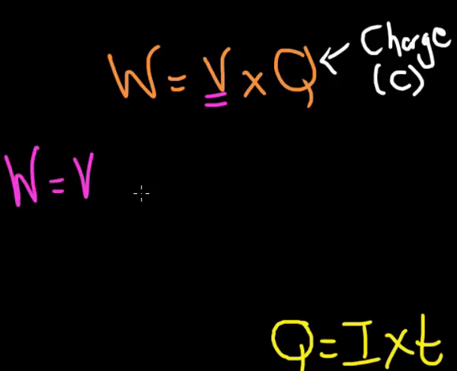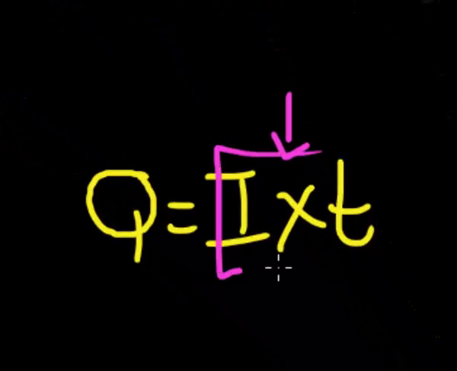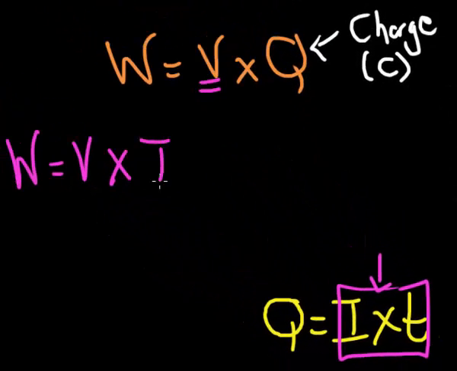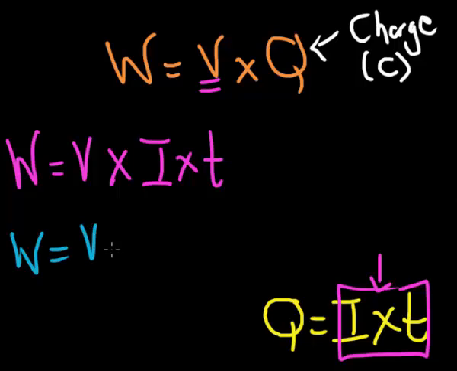That means we'll still have our potential difference, but we might not have our charge, which we'll be able to calculate using current times time. So we will be replacing charge with current times time, and that will then end up giving us a new expression for the work or energy being potential difference times current times time.